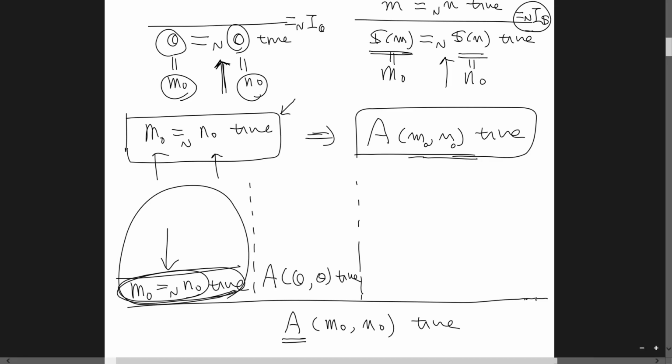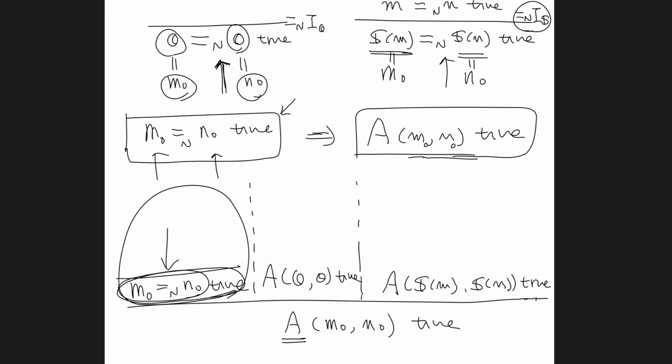Now, eventually we have to show that A of successor m, successor n true. And the question is, what kinds of hypotheses can we introduce here?